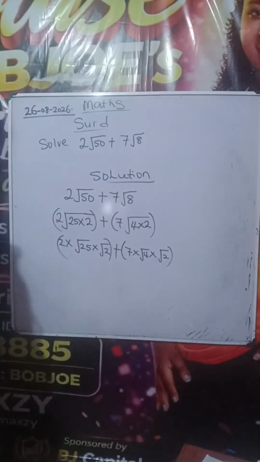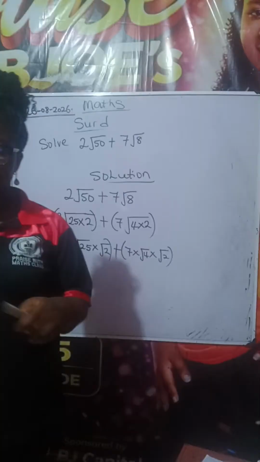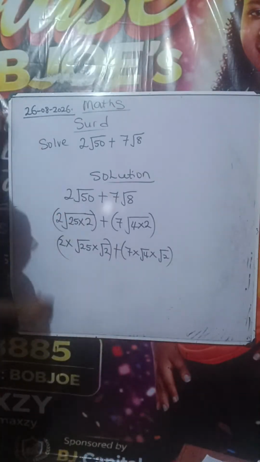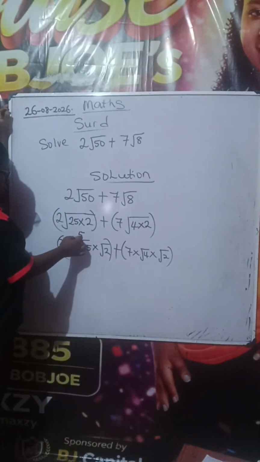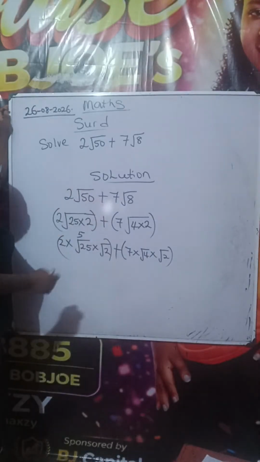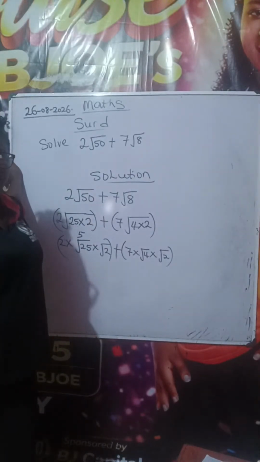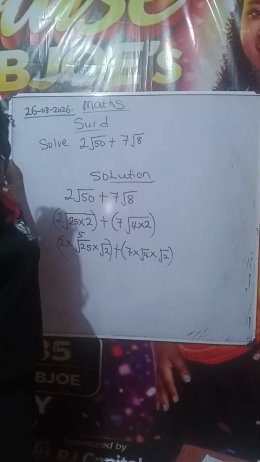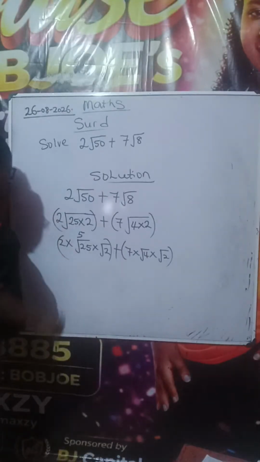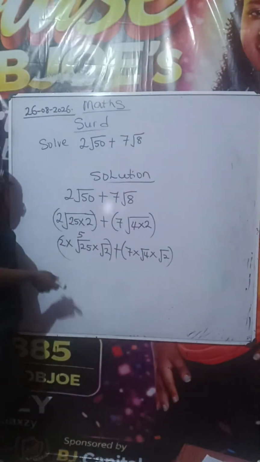So the square root of 25 will give us 5, correct? So we have 5, put the 5 here. Now, the 2, can we get the square root of 2? Does it have a perfect square root? No. So you multiply 2 times 5.